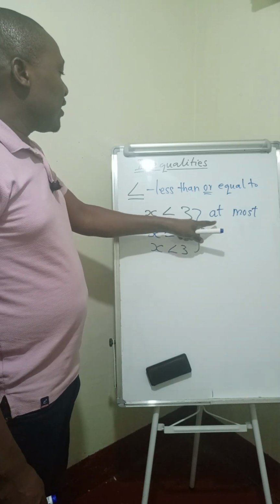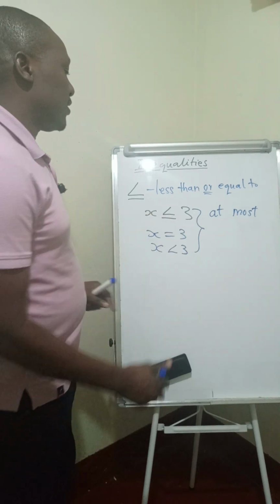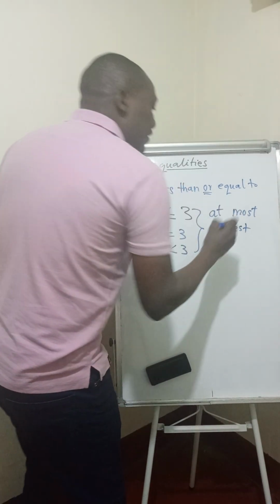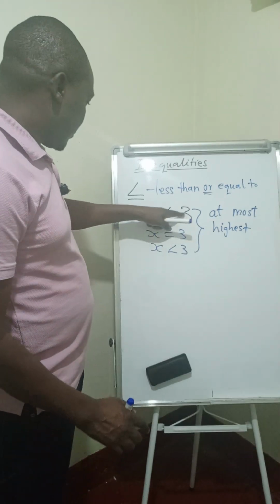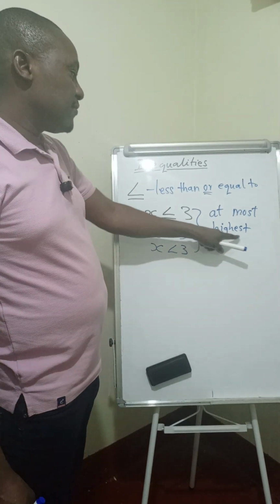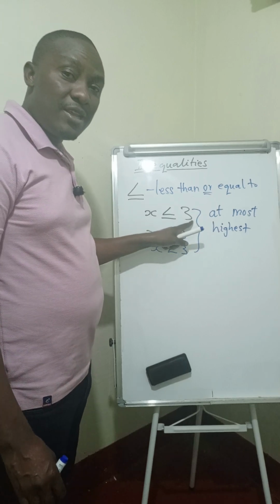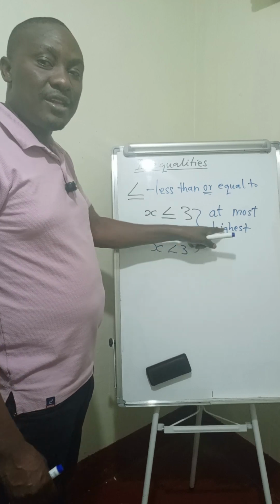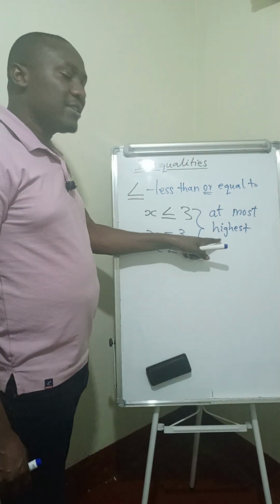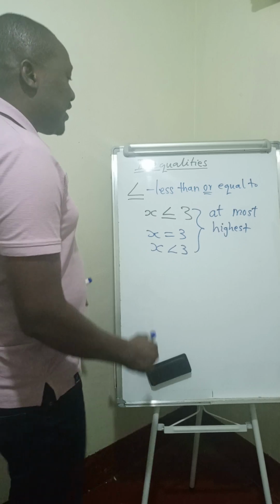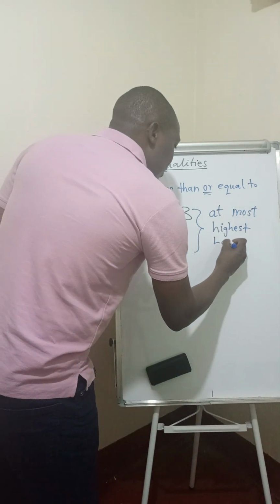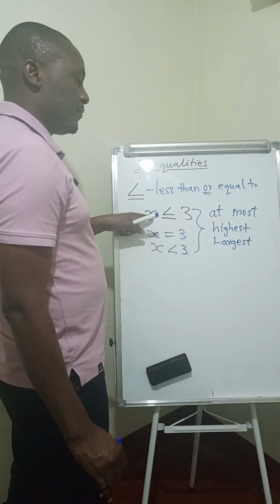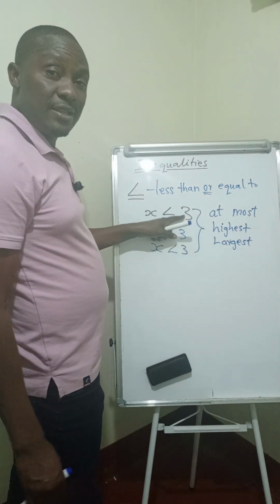So the highest value of x is 3. The largest number in this range is 3.